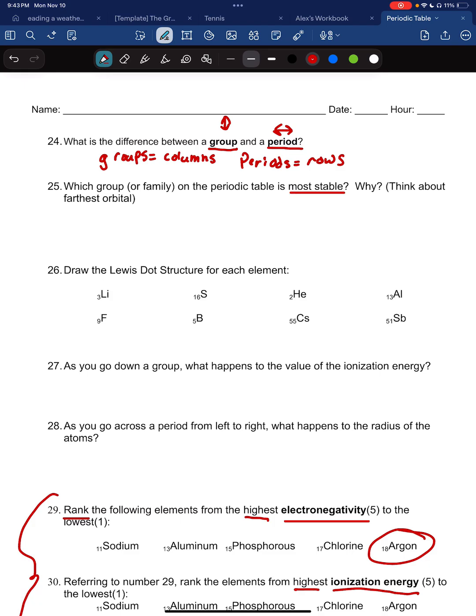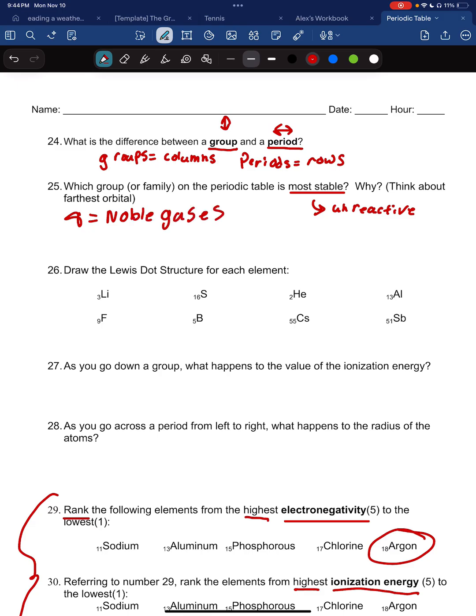Okay. So, number 25, which group or family on the periodic table is the most stable? Okay, so most stable, or if you think of it, which one is unreactive? Okay, because if it's unreactive, that means it's stable. They're not going to try to gain or take away electrons. Okay, so the group or family is group 8, which is your noble gases.